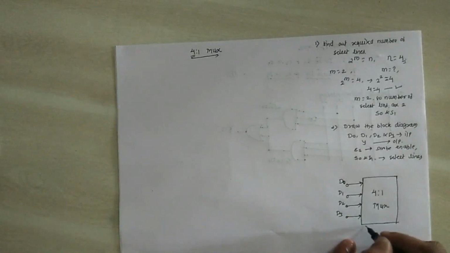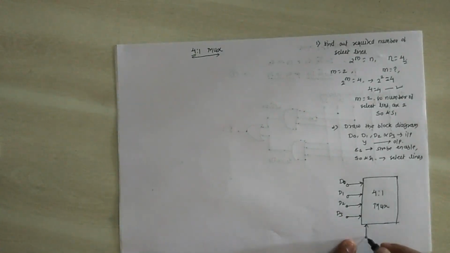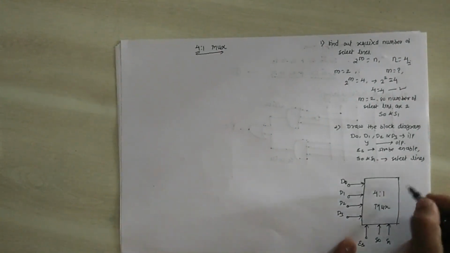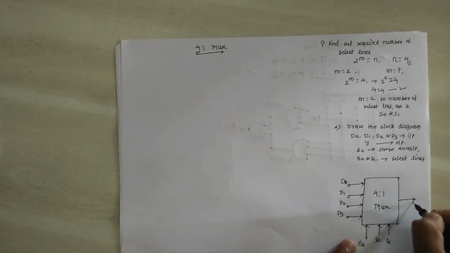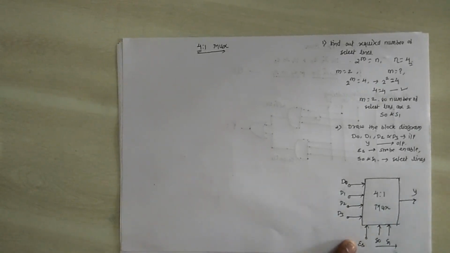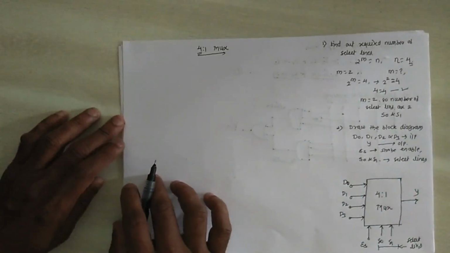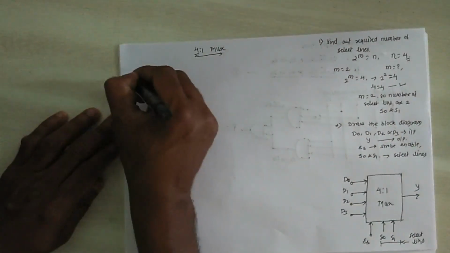With the inputs, other inputs are ES, that is strobe enable, S0 and S1, which are called select lines, and it produces only one output, that is Y. Once we are able to draw the block diagram, the next step, the third step, is nothing but draw the truth table.